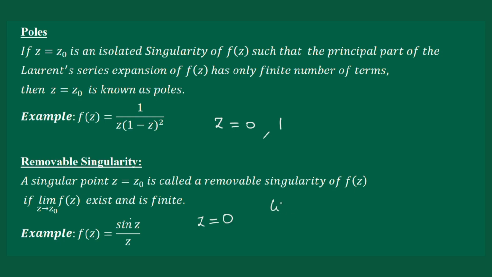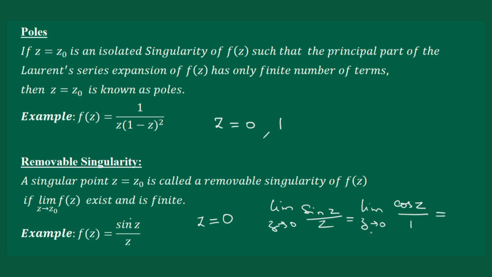But when we take the limit z tends to 0 for this function sin z by z, first if you directly substitute, it becomes 0 by 0 indeterminate form, so we can apply L'Hospital's rule. We differentiate the numerator and denominator separately with respect to the variable. Sin z differentiation becomes cos z and z differentiation is 1.